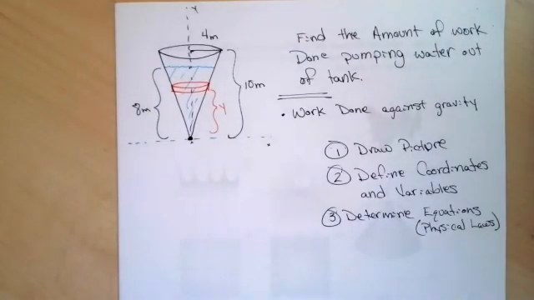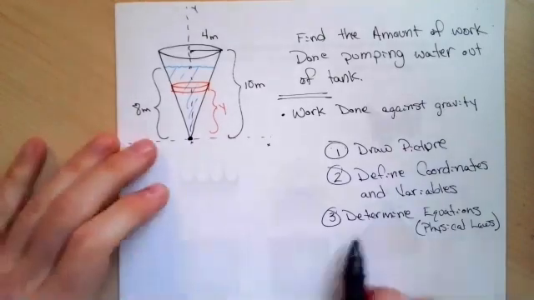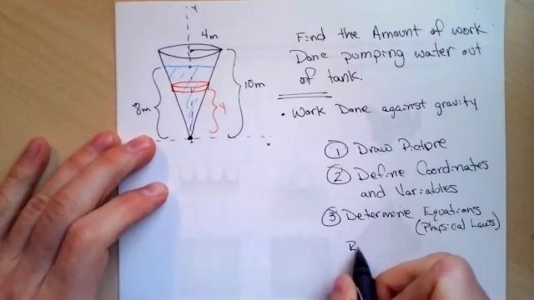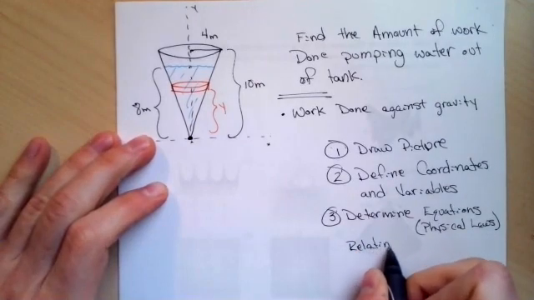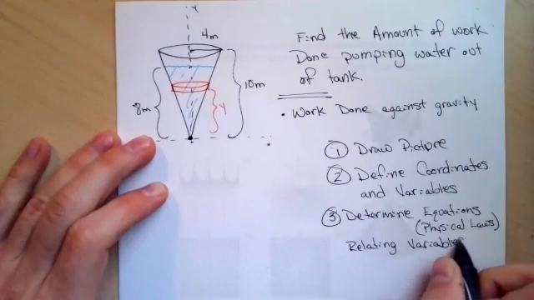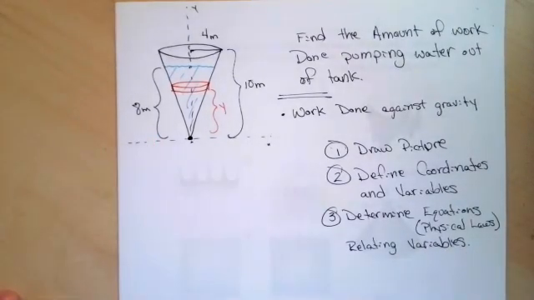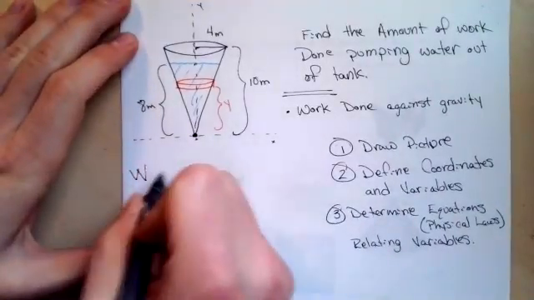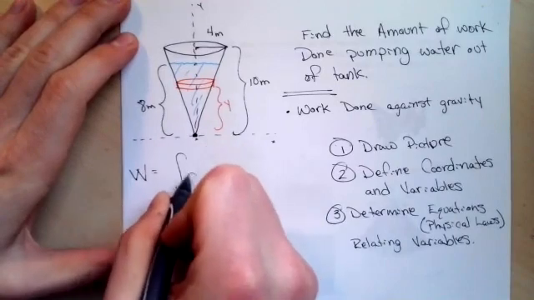In Calc 1, these are often constraint equations in optimization problems. So we want to determine the equations and physical laws relating to variables. So how are we going to set this up? What is our work done? Let's talk about these physical laws.